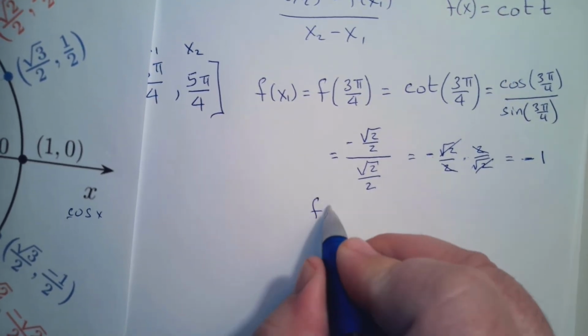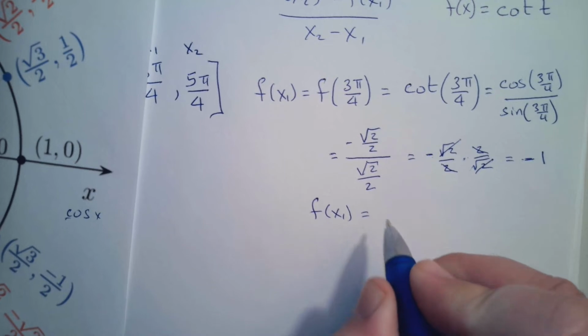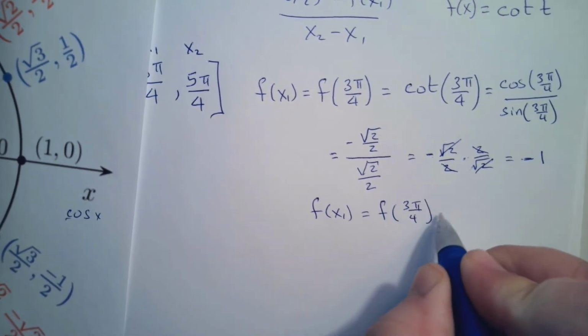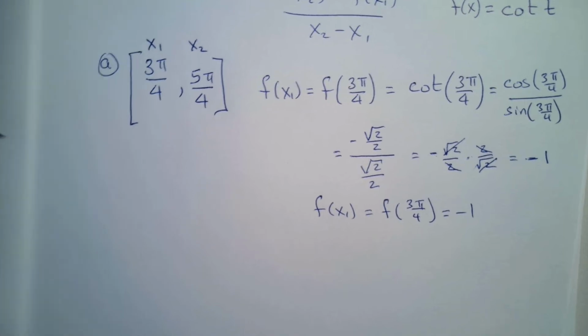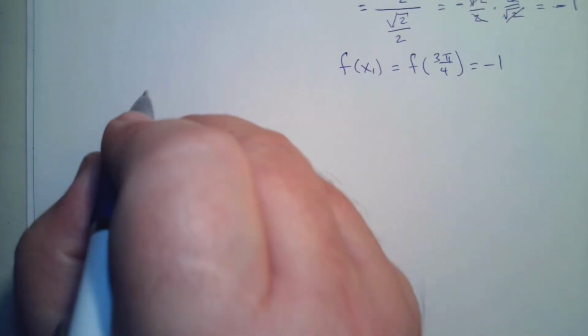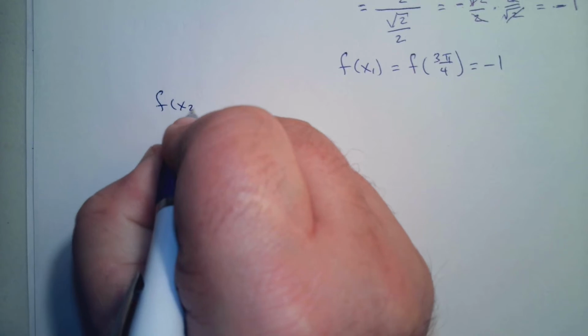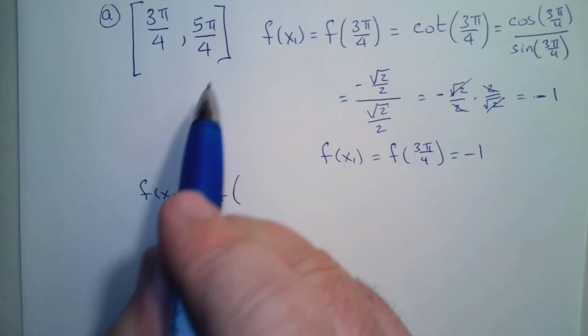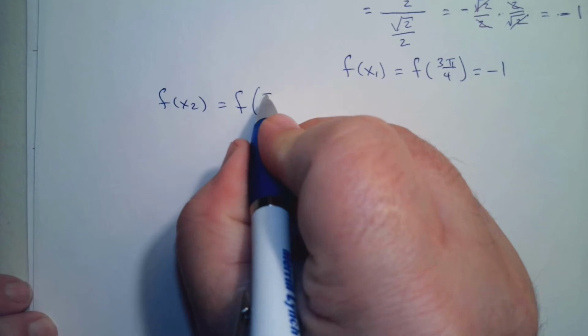So our f of x1, f of 3 pi over 4, equals negative 1. Do the same thing for f of x2. That's f of 5 pi over 4.